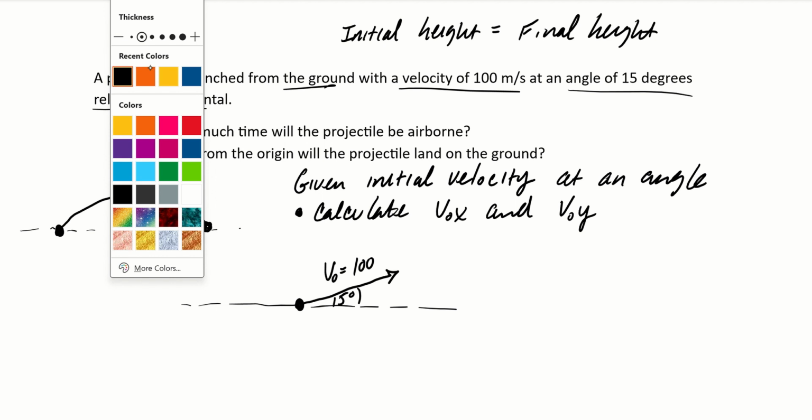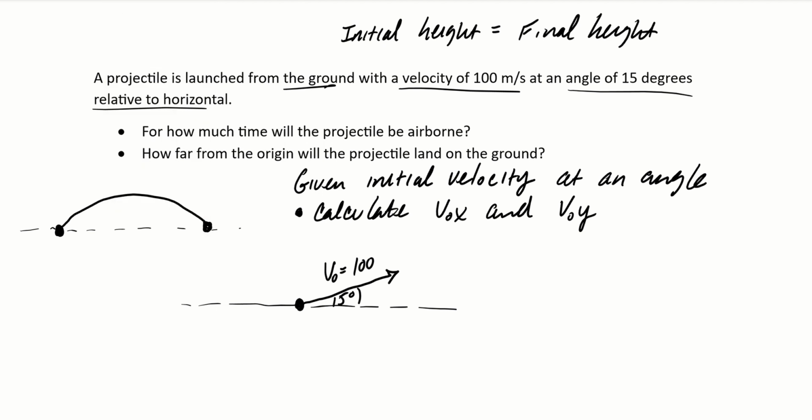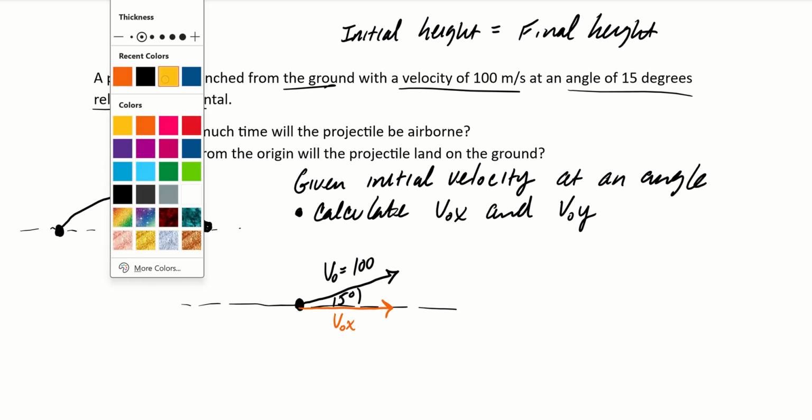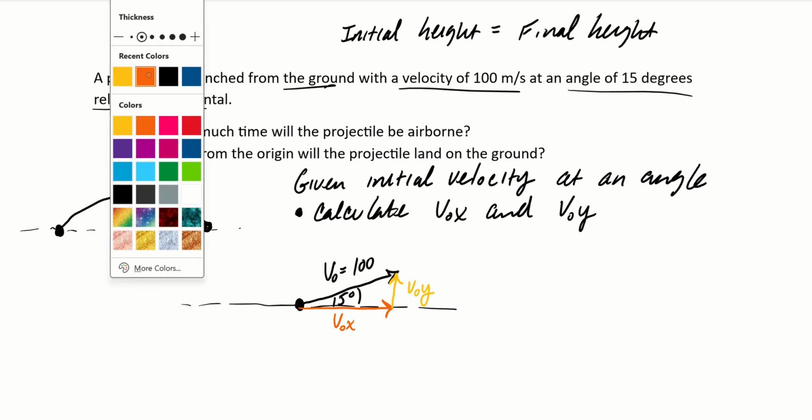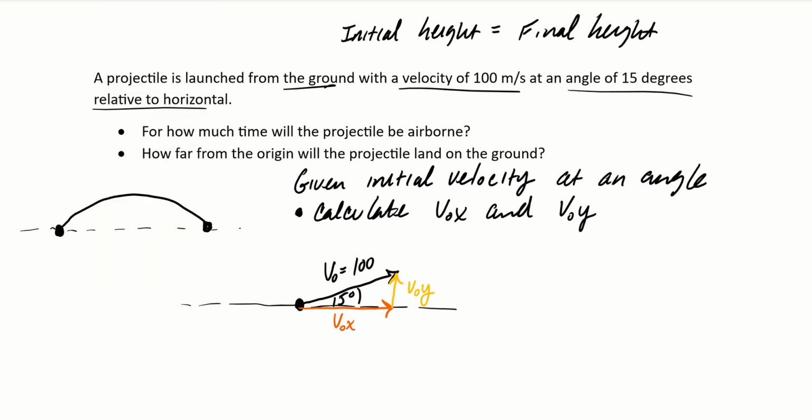So what we can do is we can draw in the horizontal and vertical components of our initial velocity. So what we do is we put our two vectors head to tail so that they go from the origin to the tip of this resultant vector.